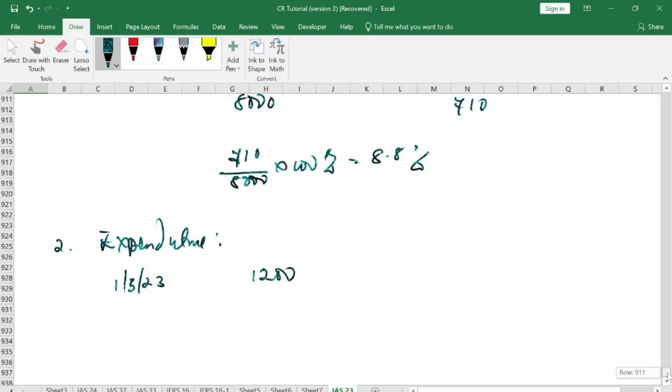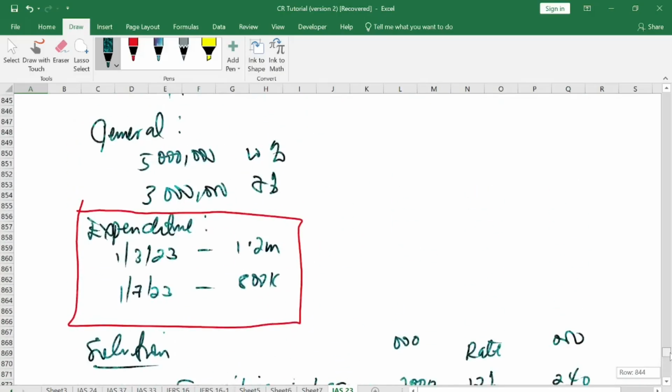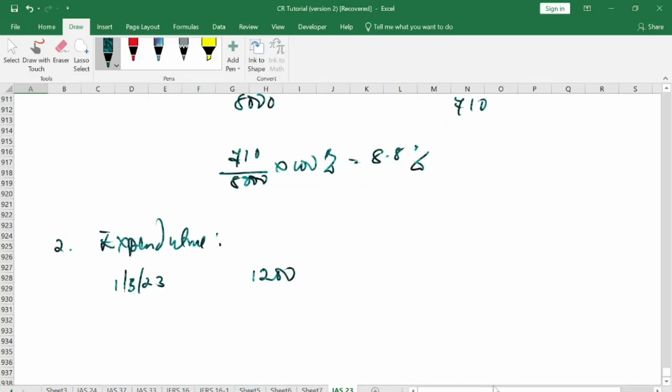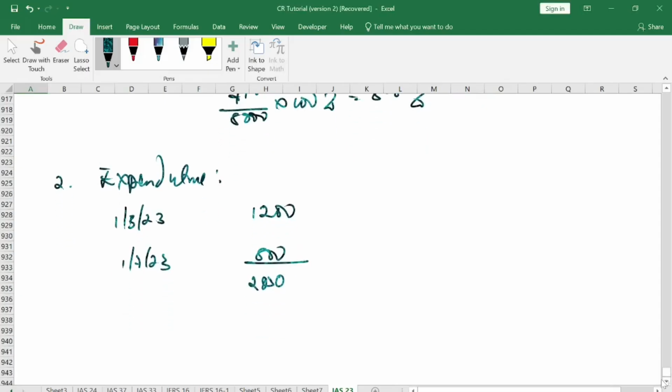And then, how much was also expended? First July 2023, 800,000. How much is 800? You add it over, you have 2,000. Now, before you can capitalize on this one, look at the beginning.